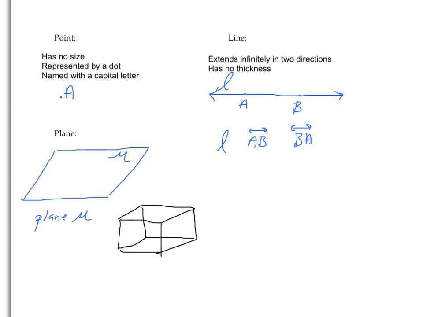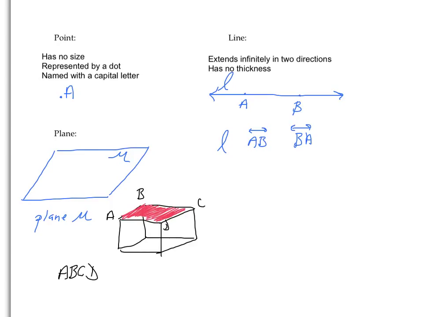And if we name the points at the corners, the intersections here, point A, point B, point C, and point D, and if I highlight the top of this box, each of the sides of this prism is a plane. So we can also name the top of this box plane ABCD.